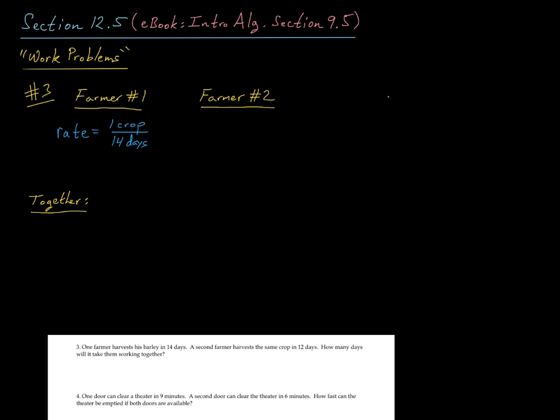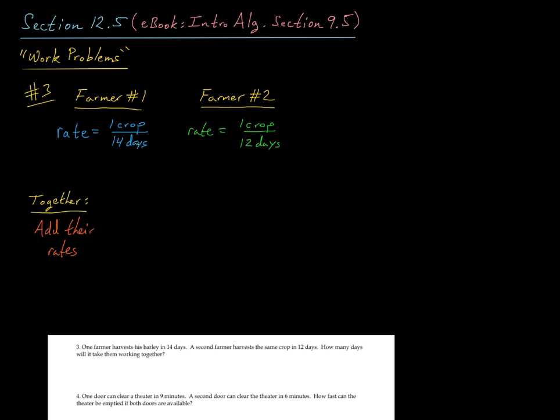And then the rate of the second farmer would be that same crop, but now per 12 days. If they're going to work together, then the key is that the rates will add. Their overall rate is going to be the sum of their individual rates.